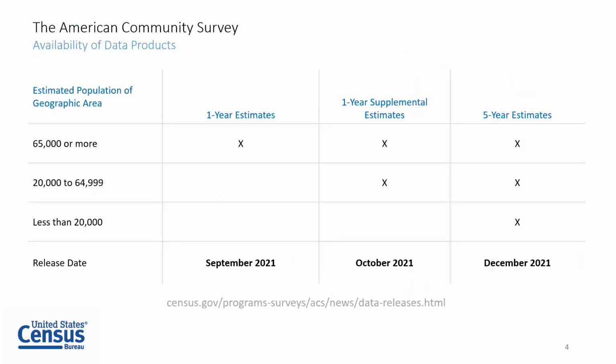And just really quickly, I want to go over the release dates for these estimates generally. We will have these posted to our website soon, but these are generally the months they're released. So make sure to be checking the census.gov/ACS website for more information, because they'll be posted very soon for the 2020 ACS data release. So the ACS data collected in 2020 are planned to be released in September as one-year estimates and in October as one-year supplemental estimates.